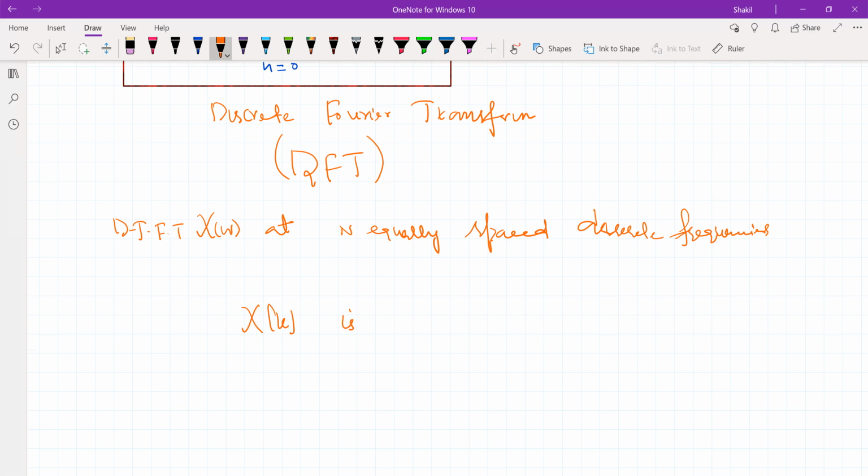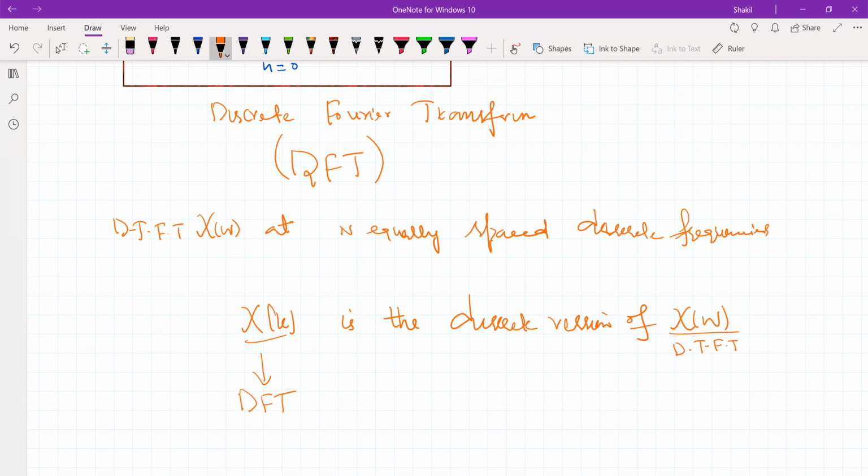X of omega is the DTFT. X of k is the discrete version of X of omega. That's why this is referred to as the discrete Fourier transform.